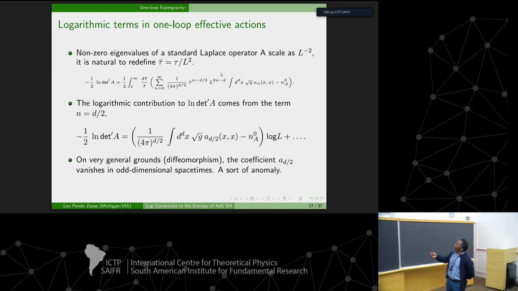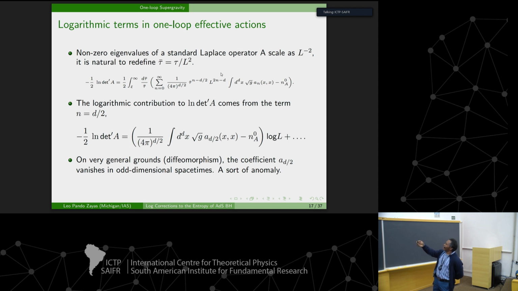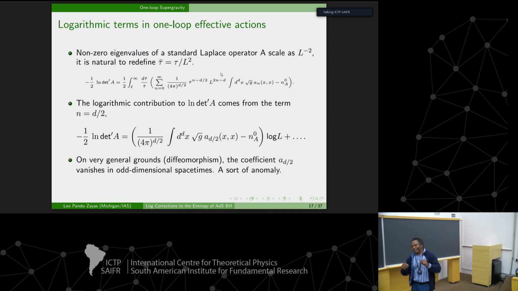What I told you here is that what should change is really the nature of your quadratic fluctuation operator. Instead of just having a Laplacian, you will have a more complicated story. But that's how I would consider it. Now, it's standard in the literature that if you have a black hole and you want to look at corrections to the Bekenstein-Hawking entropy, you separate them.